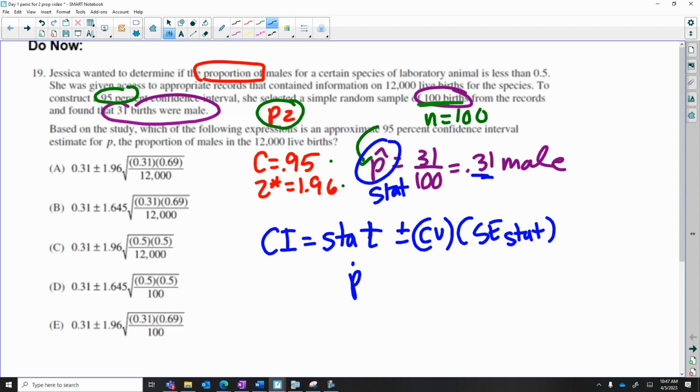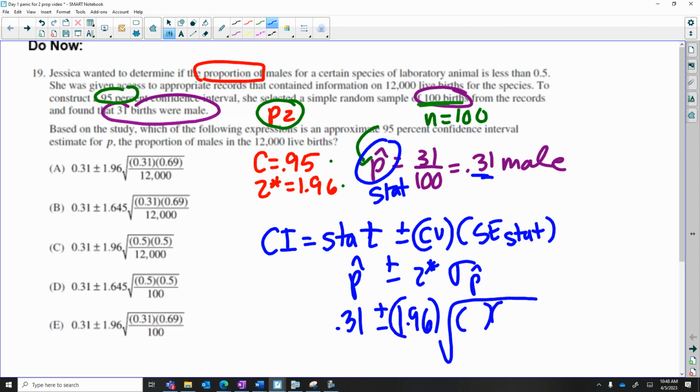So you're going to do p hat plus or minus z star times sigma p hat: 0.31 plus or minus 1.96 times sigma p hat, which is the square root of p times 1 minus p over n. And remember, if you don't have p, you use p hat. So we put in 0.31, 1 minus 0.31, over n, which is 100.